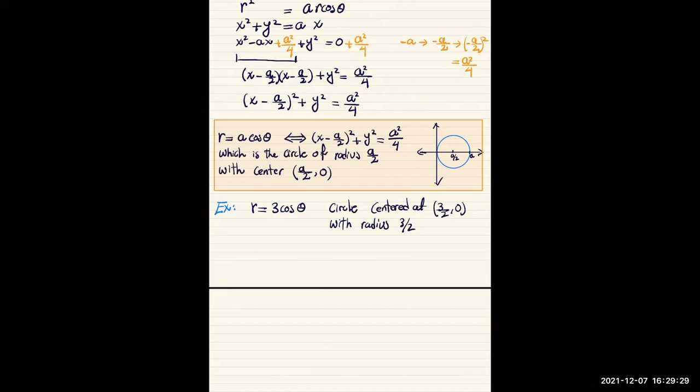And you don't need to plug points. We no longer need to plug points because we know what the shape is. Okay. Questions?